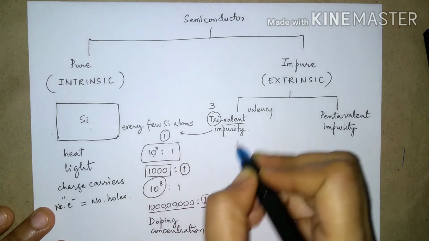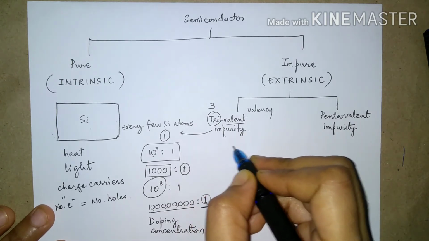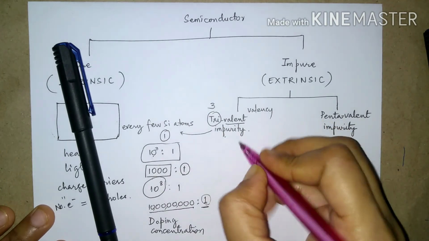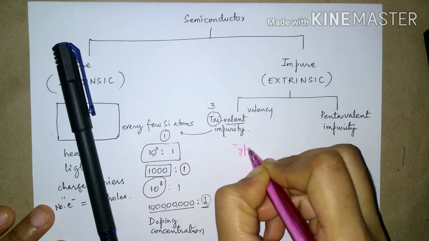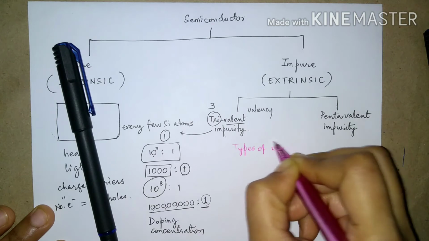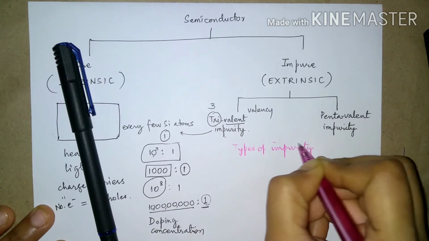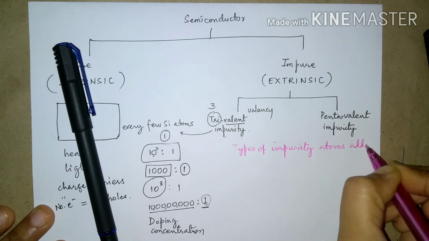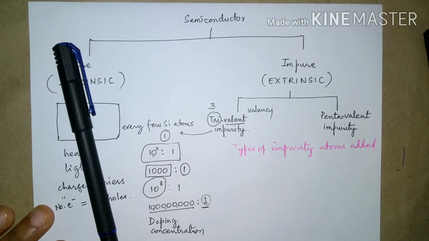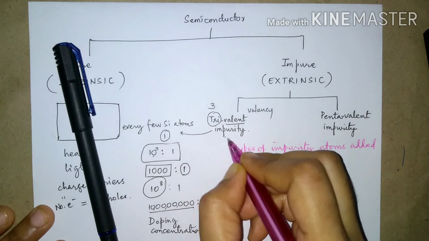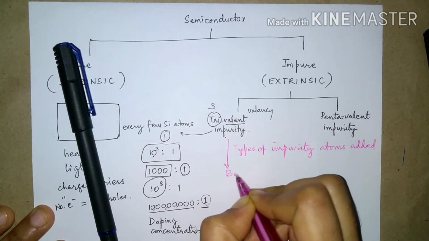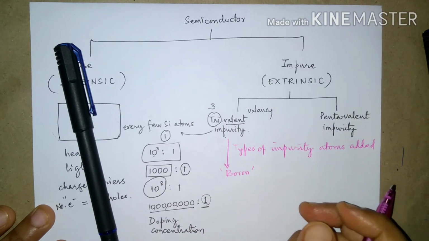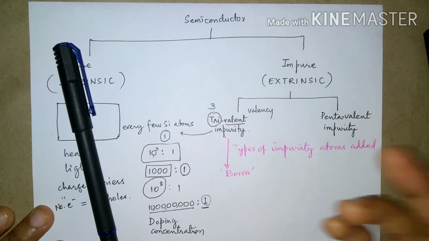So I want you to find out the types of impurity atoms added. Let's say this is an assignment. If it is boron, what for is this boron added? Try to find out what for.